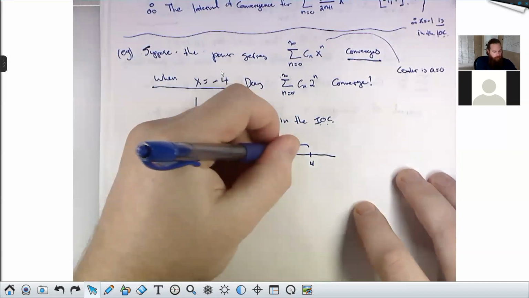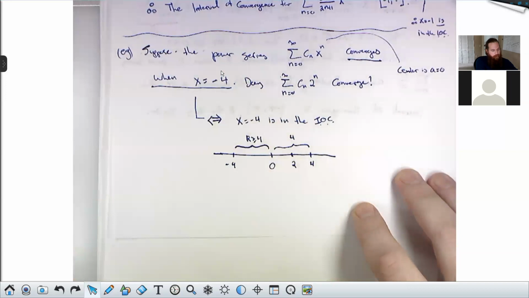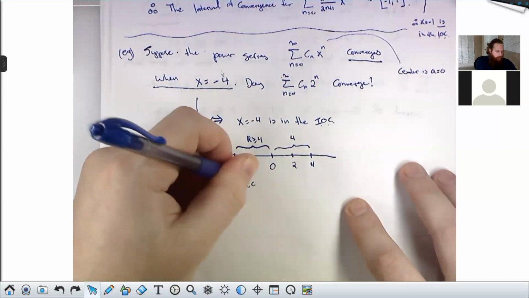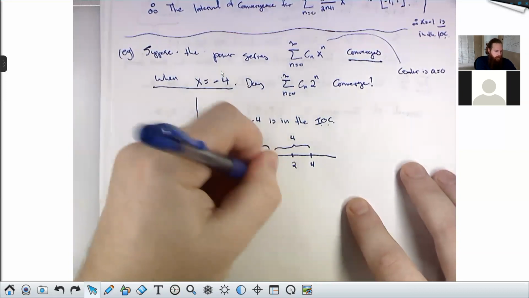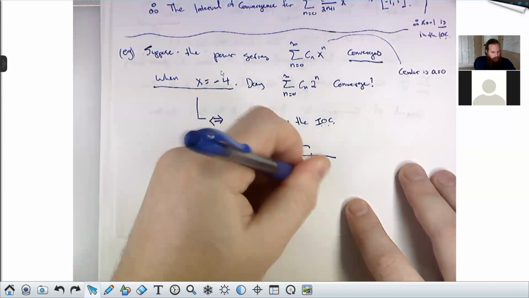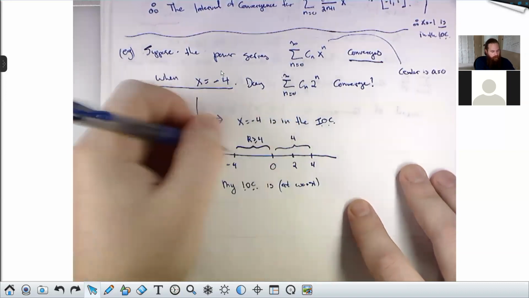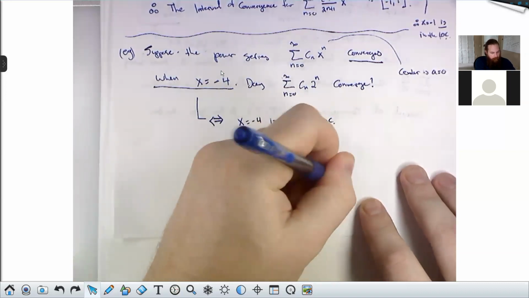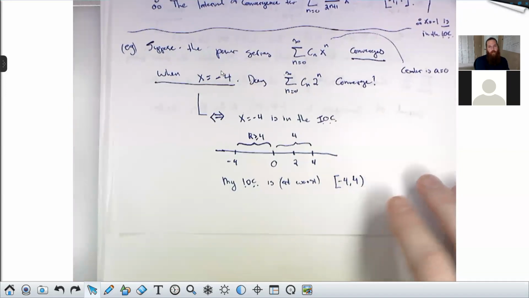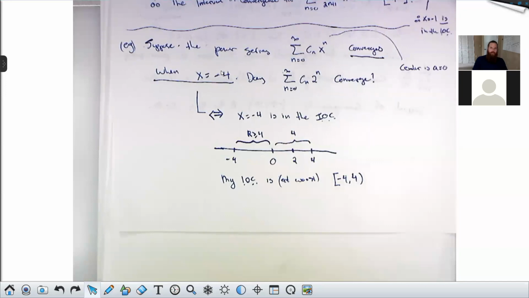2 is right here. So my IOC is at worst, the smallest possible IOC would be left closed, right open, -4 to 4. Because the IOC is always symmetric about the center, and I know that -4 is in the IOC.